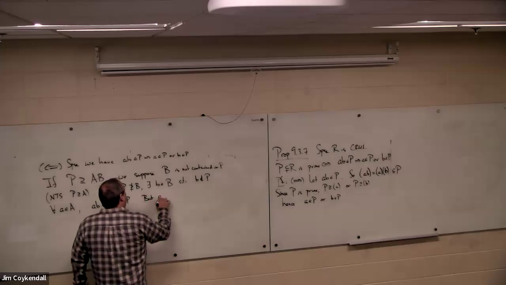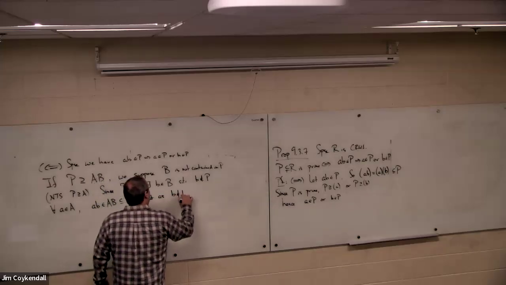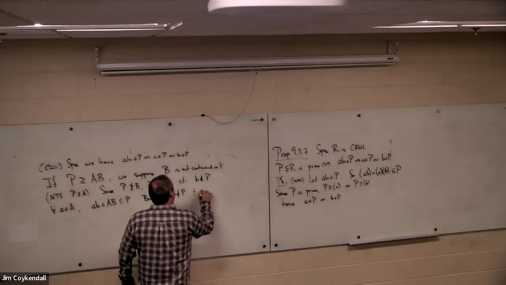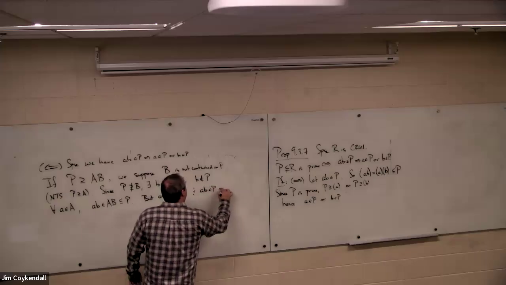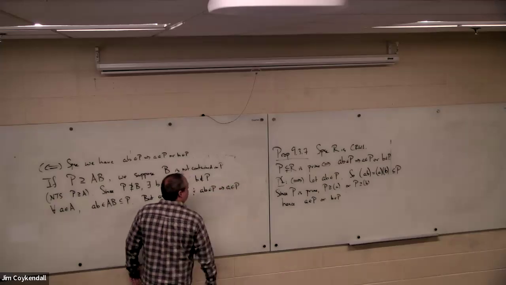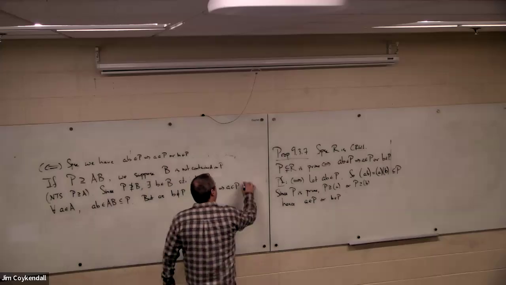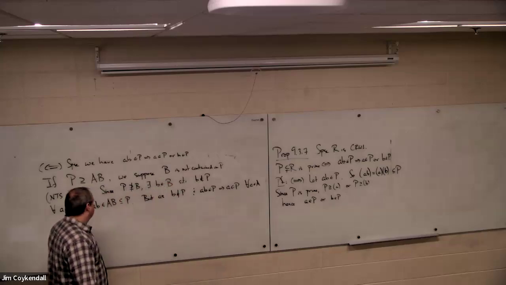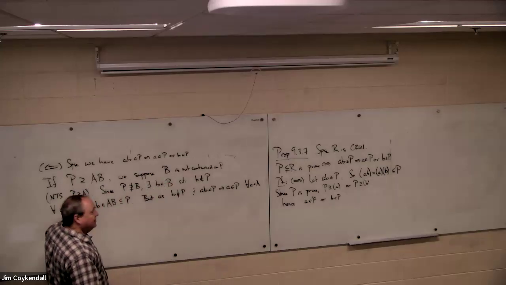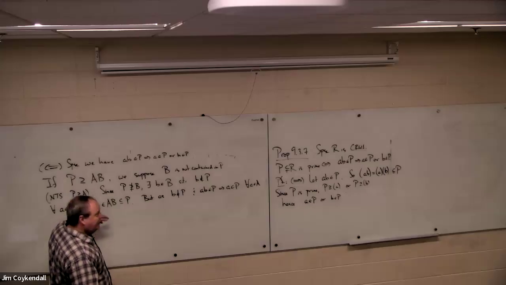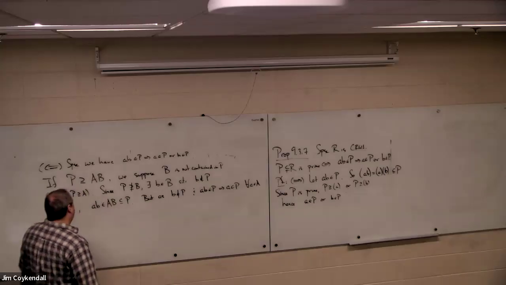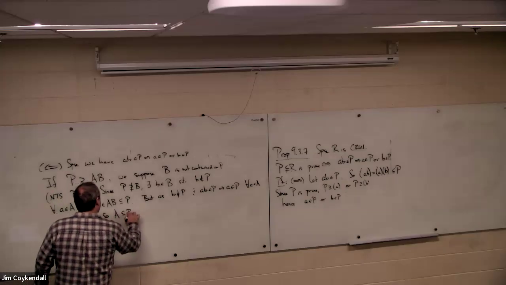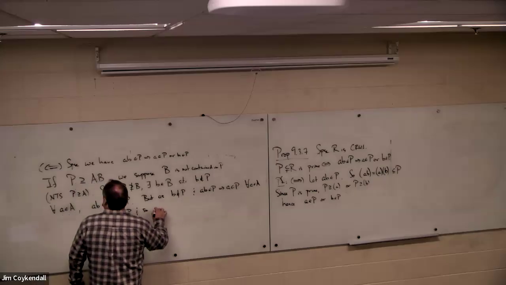But as b is not in P, and ab is in P, this implies that a is in P. And this holds true for all a in A, because a was any element of A. So A is contained in P. And so P is prime.